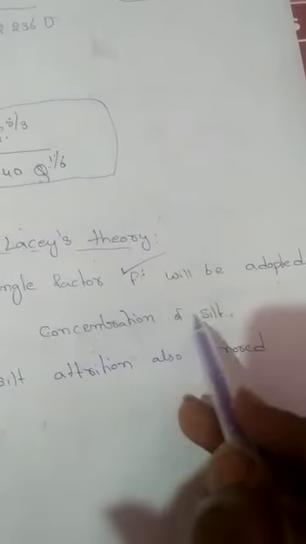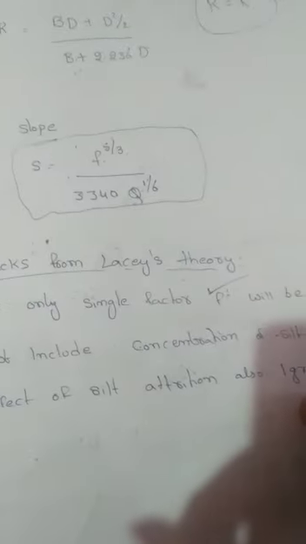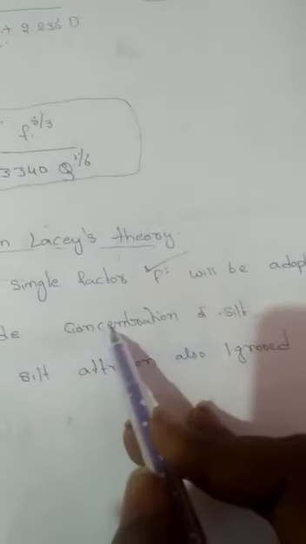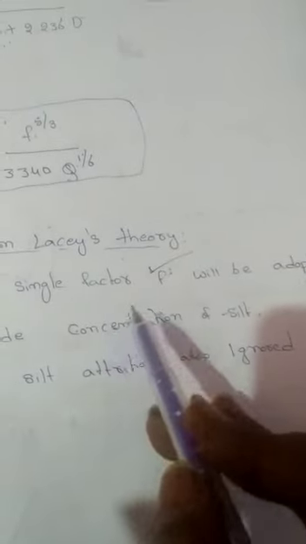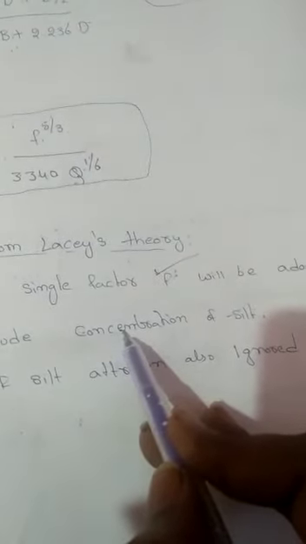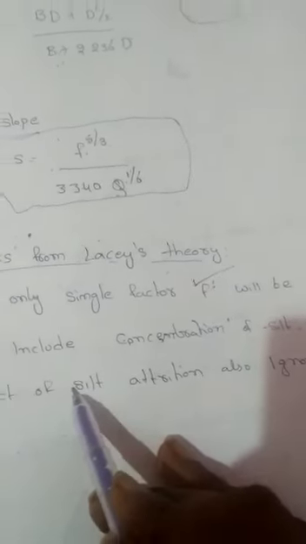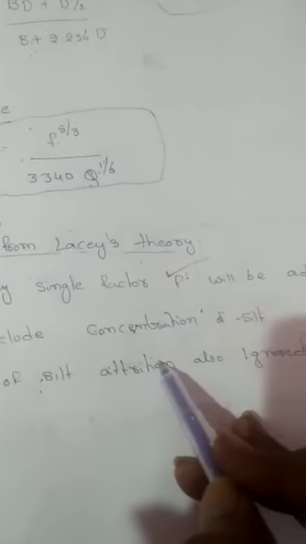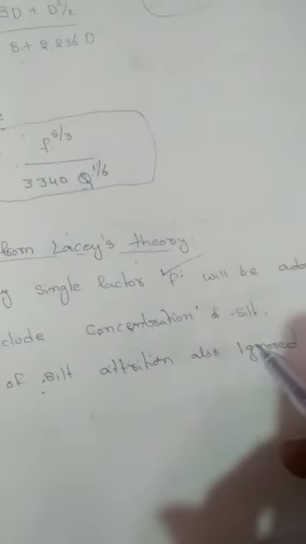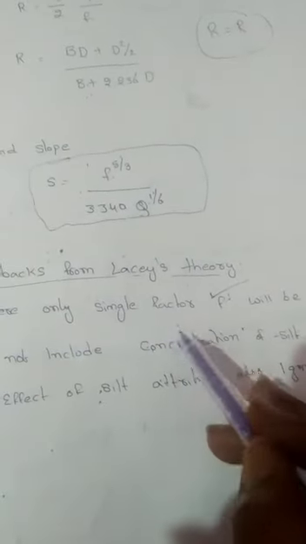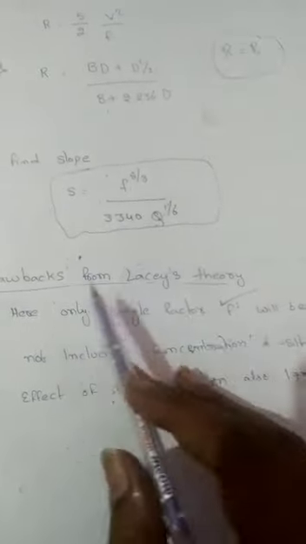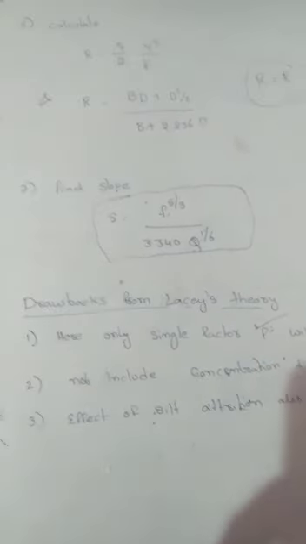And he does not give the concentration amount of silt. This is another drawback, because he does not clarify how much silt comes here and how to maintain it. And another drawback, how silt affects the canal banks is also ignored. These are the different drawbacks of Lacey's theory.